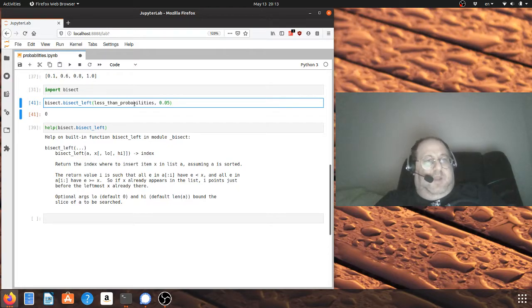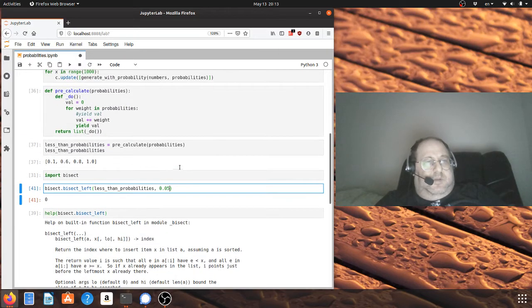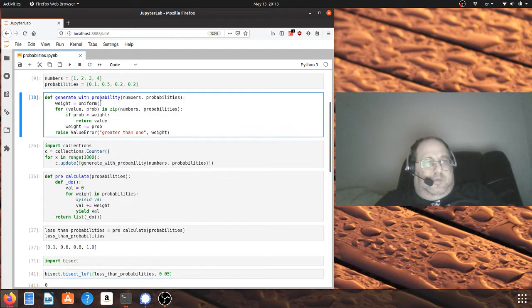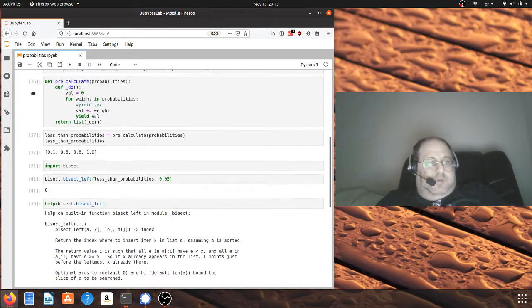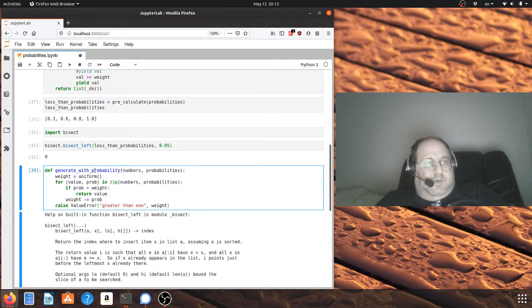Okay? And now the nice thing is that if you do this, we'll call it LT probability, and we'll call this variable LT probabilities.